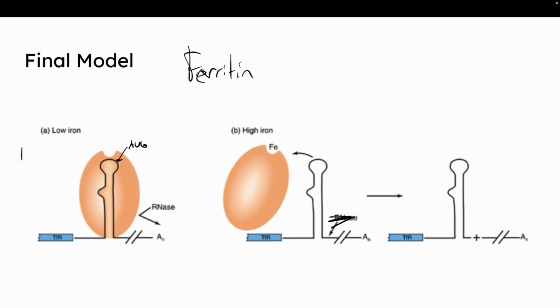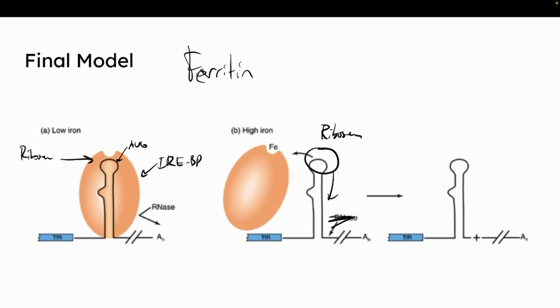A ribosome needs to bind here, but in low iron, when you don't need a lot of ferritin, it can't bind. It can't translate because it's being blocked by this IREBP, right? But then in high iron, this releases, and then you can get ribosome binding, and then it can translate.